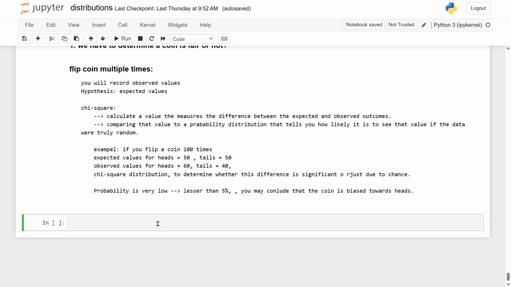So another example. Let's say we have a data set of 500 students, and we want to test whether there is a significant difference between the observed and the expected proportions of students who pass an exam.